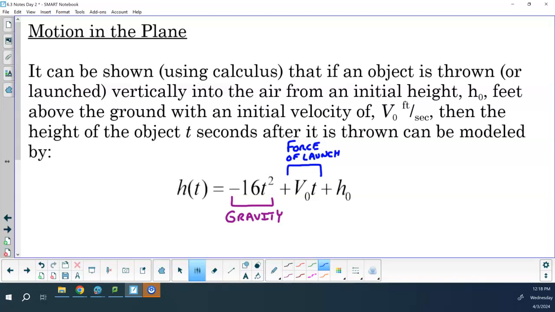What else is going to affect the position? The initial height, where I throw it. If I throw it from here, it's going to have a different position than if I throw it with the same amount of force from way down here. They're not going to be at the same spot every time. That part comes in right here at the end with my initial height.